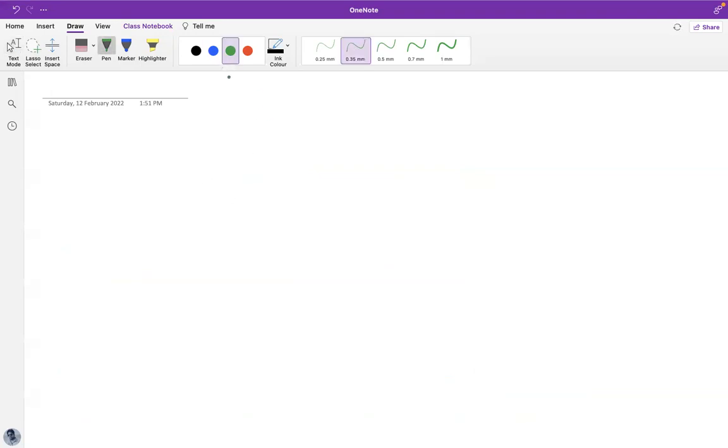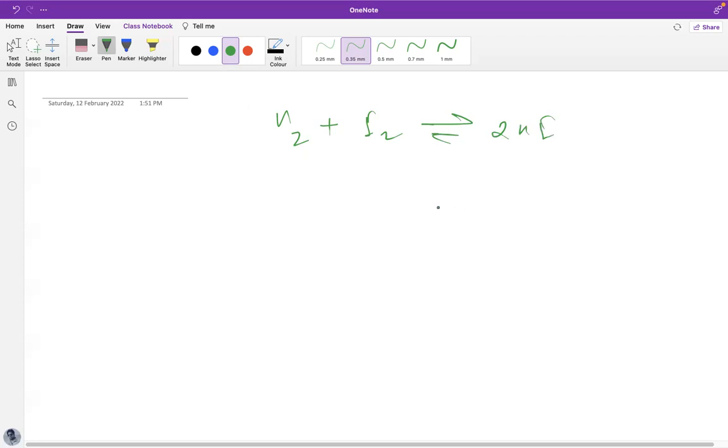Suppose we have a chemical reaction H2 plus I2 going to HI. My question is, what will be the direction of equilibrium if we decrease the concentration of HI? Where will the equilibrium shift?